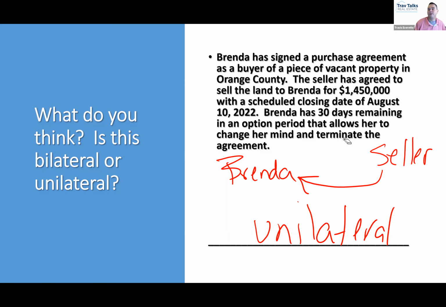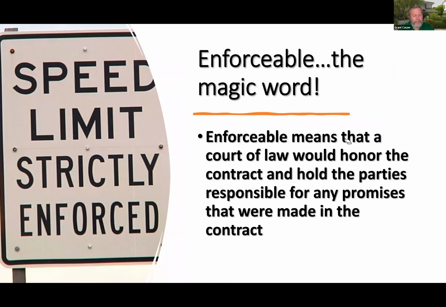How do we feel about unilateral versus bilateral? Everybody, you will see that as a test question for sure. We good? Good deal. So, enforceable. Enforceable is the word that we are very likely to see utilized extensively when we start dealing with contracts.